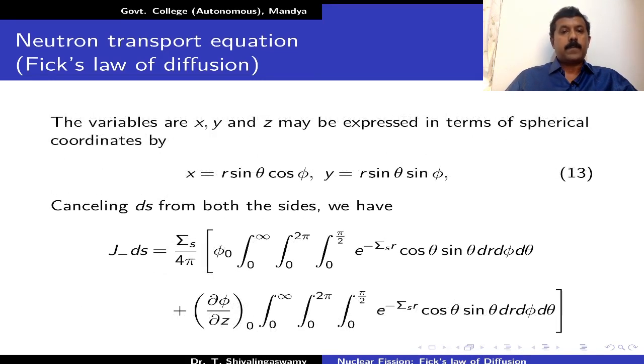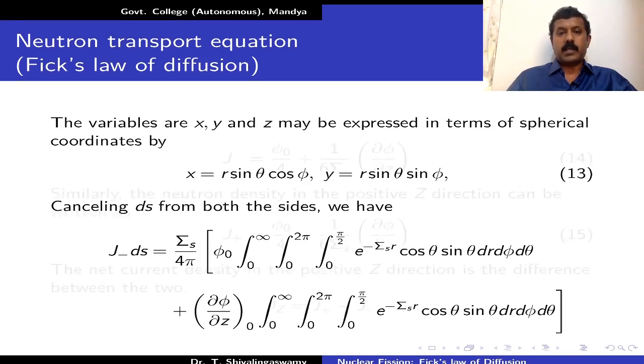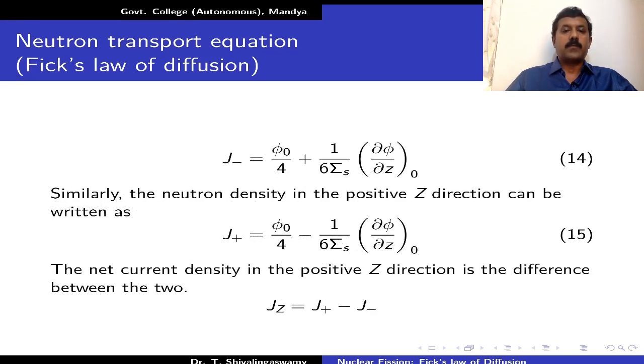And if you do that, if you calculate this number of neutrons reaching the surface ds from the negative z direction, I will call it J minus ds, will be equal to this one. And if you carry out this integration, it reduces to a simple form.